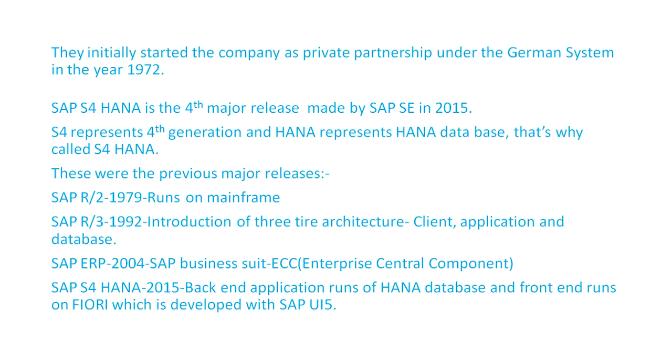For example, the user can sit at a particular place, the SAP software can be kept at a different place, and the database means where the data is saved. That is called database. Because whenever SAP software will be used, it will generate millions, trillions of data. So for keeping the data, we require another software that is called database software.